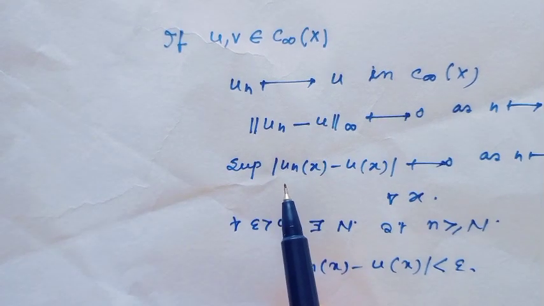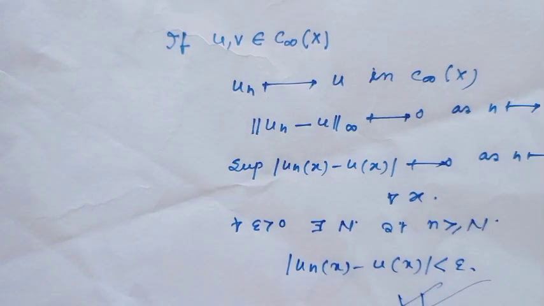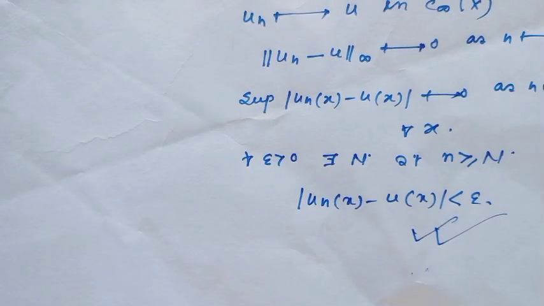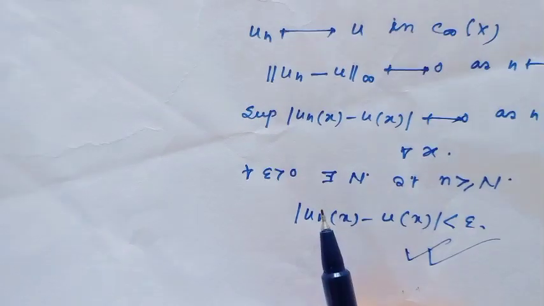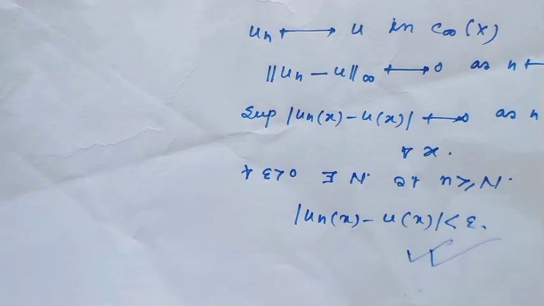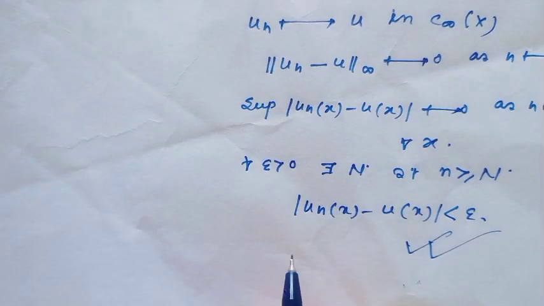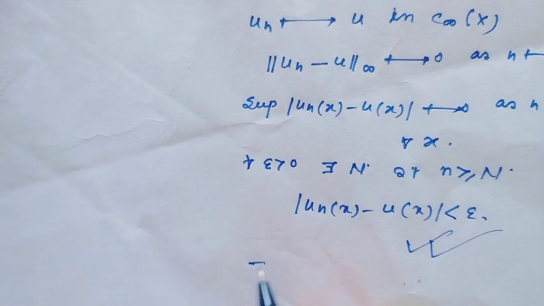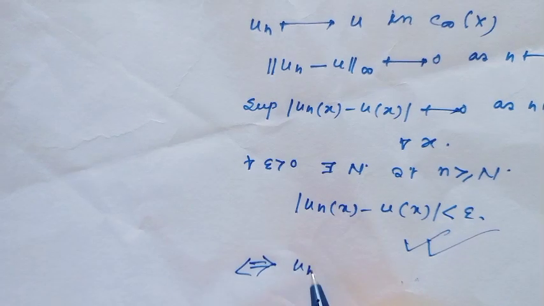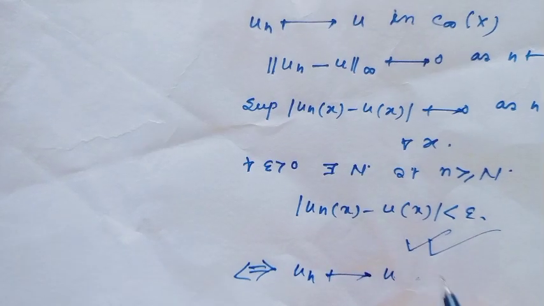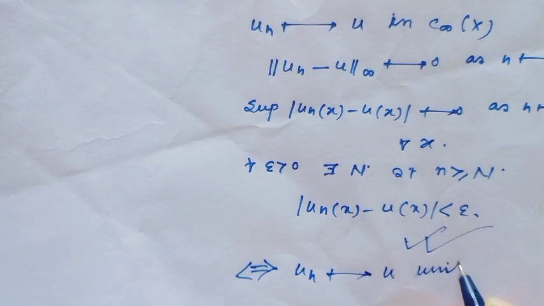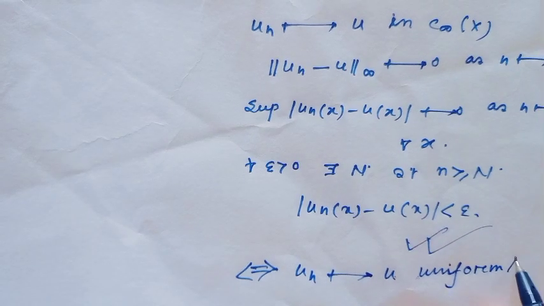This implies obviously this. So in C infinity of X, convergence always means uniform convergence. That means un converges to u uniformly on the set X.